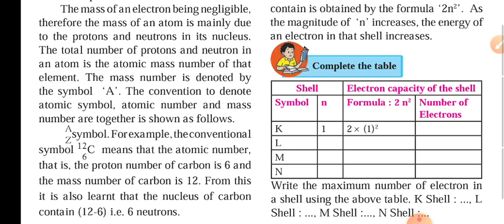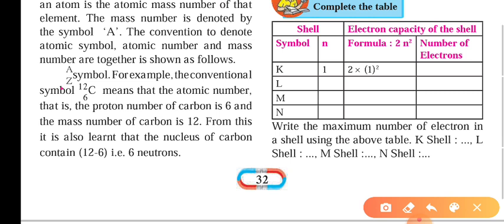The mass number is denoted by the symbol A, which is nothing but the sum of the number of protons and neutrons. The symbol of any particular element is written with the subscript Z and the superscript A, where Z is the atomic number and A is the atomic mass number.